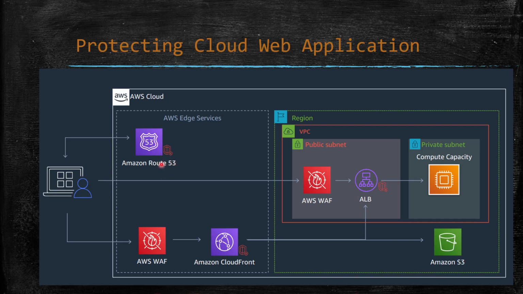It could be anything, like GoDaddy or Cloudflare. DNS is nothing but mapping a domain name to an IP or load balancer IP. So if anyone hits this website, it will go to the DNS.